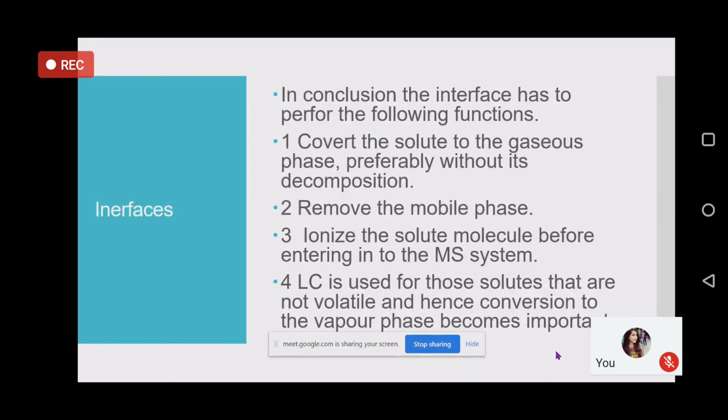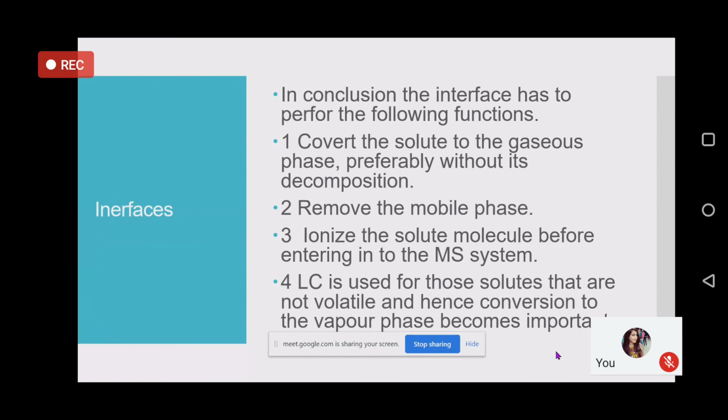Ionize the solute molecule before entering the MS system. Because, as I said, ionization is essential: the mass spectrometer recognizes ionic, charged species, and it does not recognize neutral species.